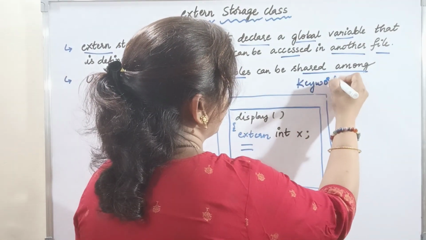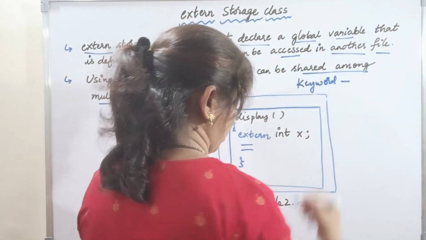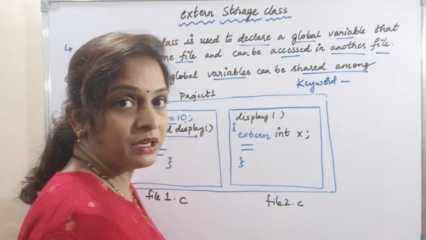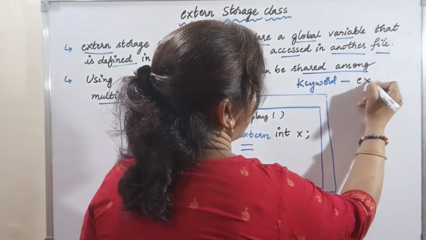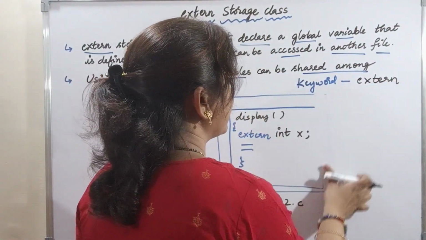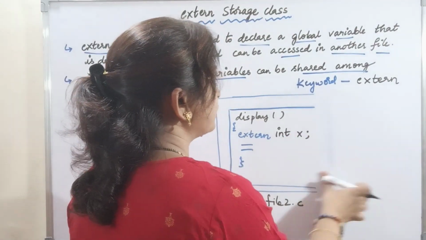So what is the keyword of extern? It is extern only. The keyword to use an external variable and external method is extern itself. Then what is the scope of this variable?